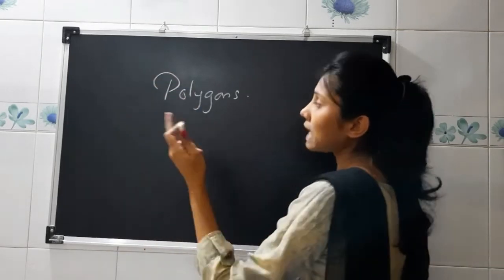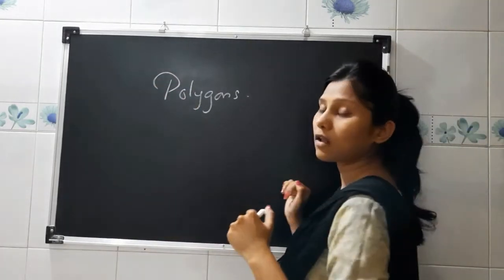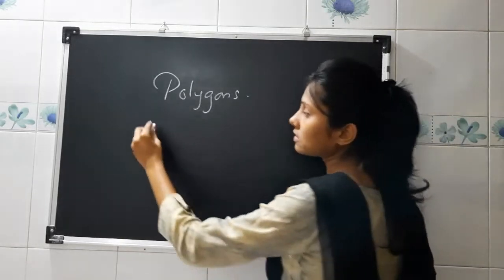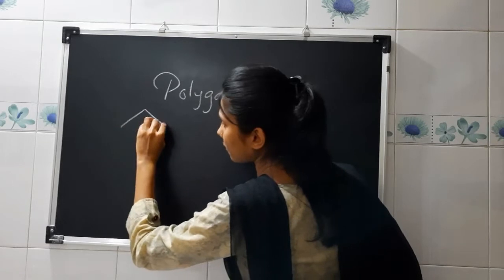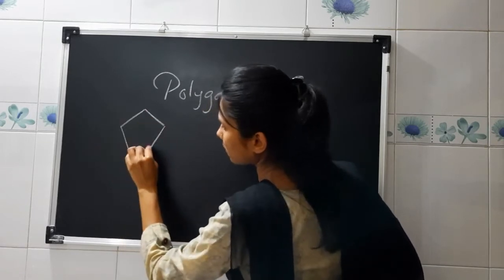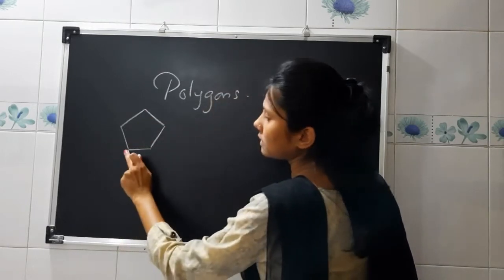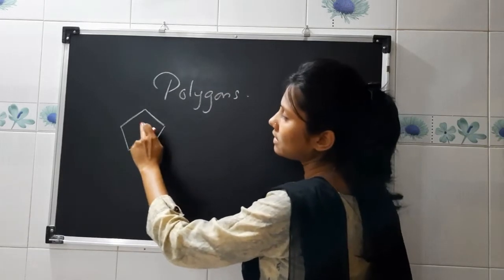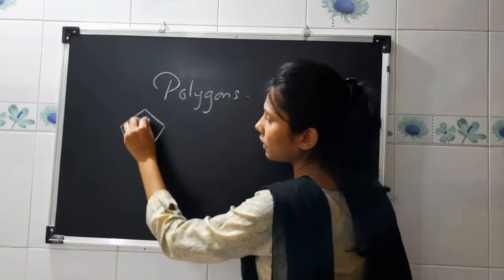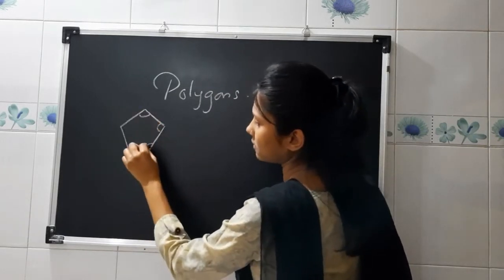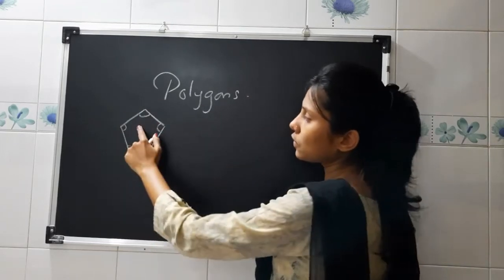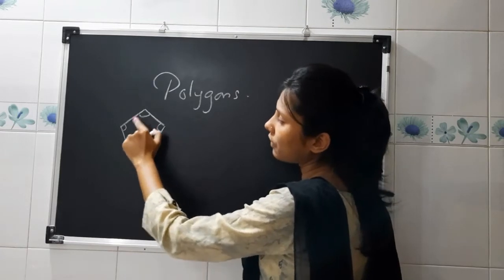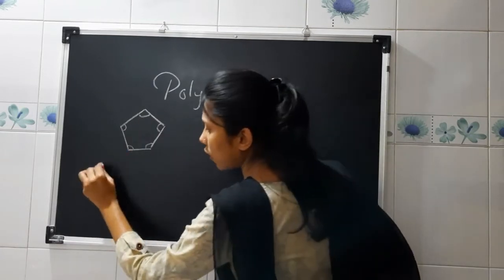Besides triangles and quadrilaterals, there are also some other polygons. Like the first one, this polygon has 5 sides and 5 angles.